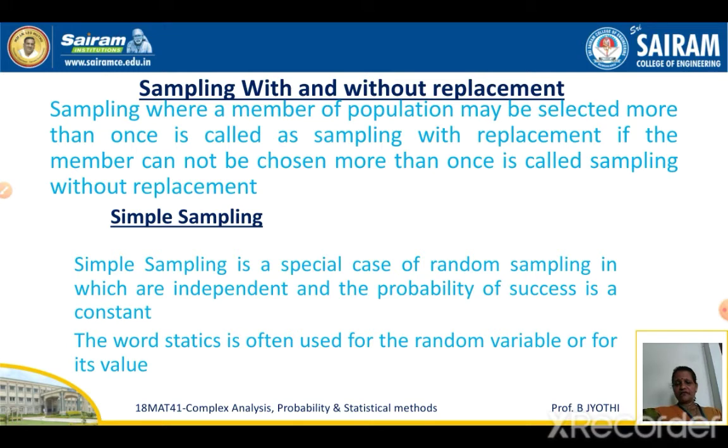Next we have two main types of sampling, that is, sampling with and without replacement. For example, how will it be done?